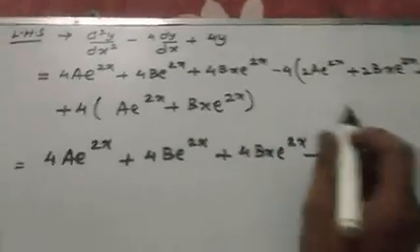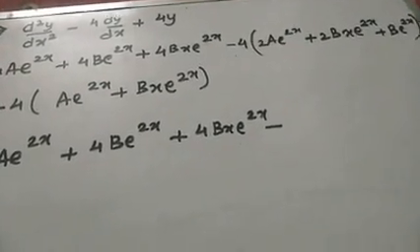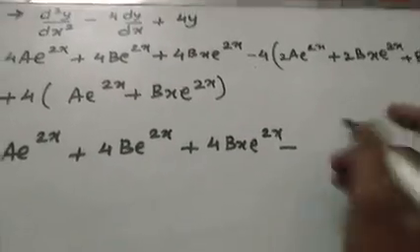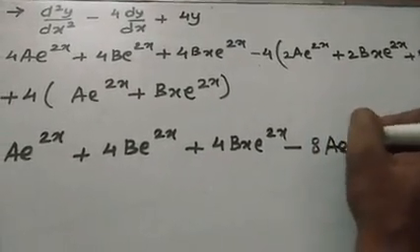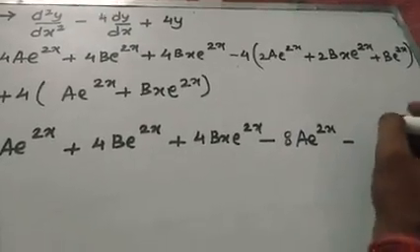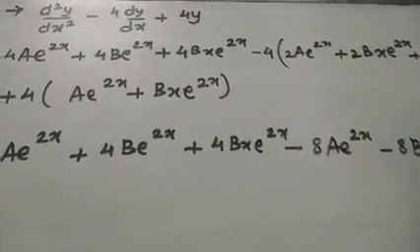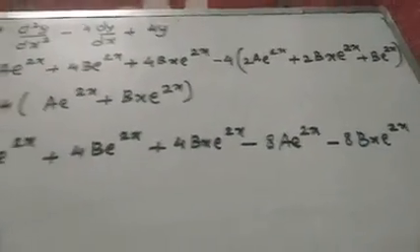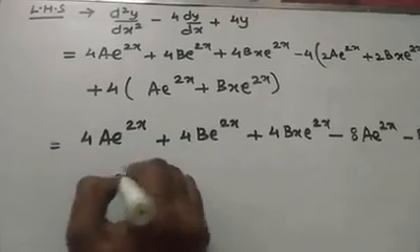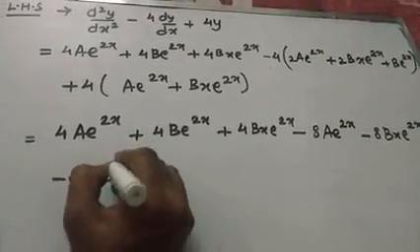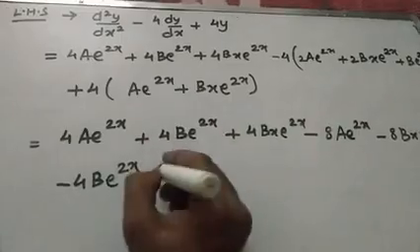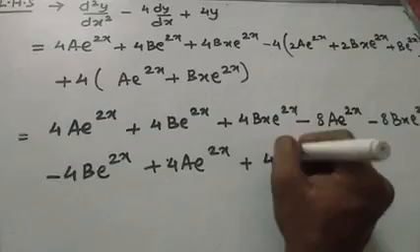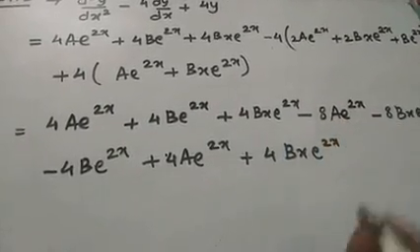Now here minus 4 into 2, 8a e to the power 2x, minus 4 into 2, 8bx e to the power 2x, minus 4 into this part, that is minus 4b e to the power 2x. Now here plus 4a e to the power 2x plus 4bx e to the power 2x.